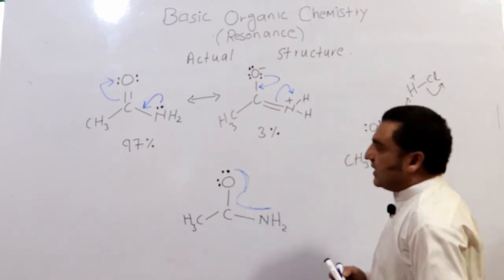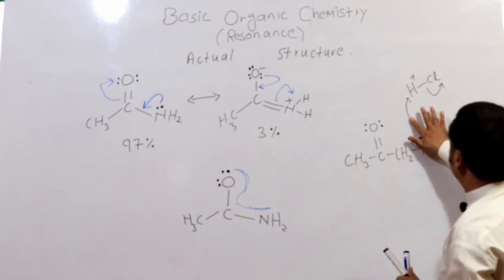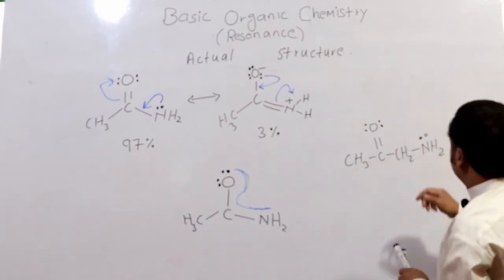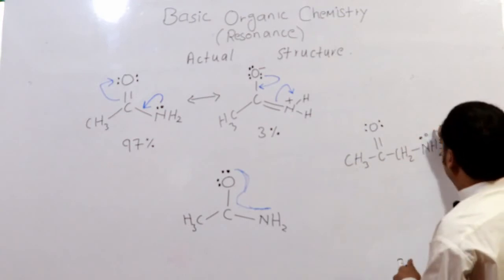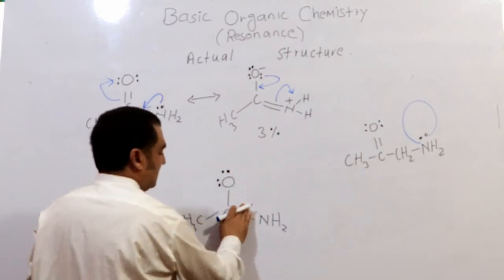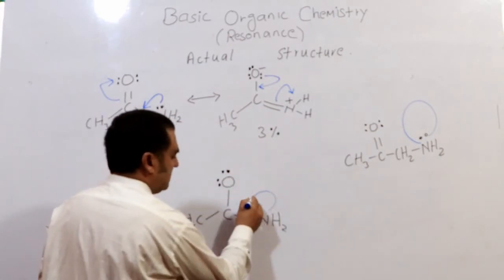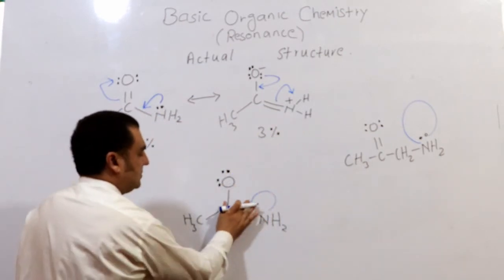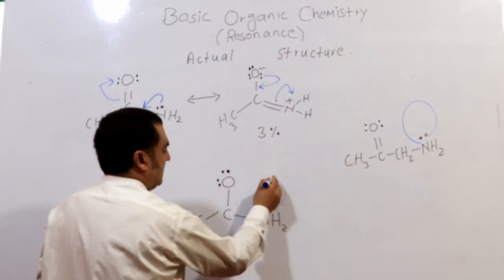Or in other words, suppose this lone pair of nitrogen has this size; now this lone pair of nitrogen is a little bit smaller than that one, not by much, but a little bit smaller.